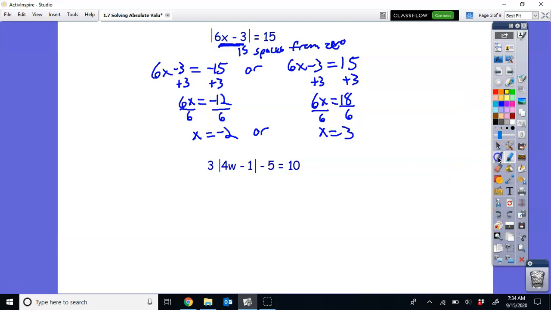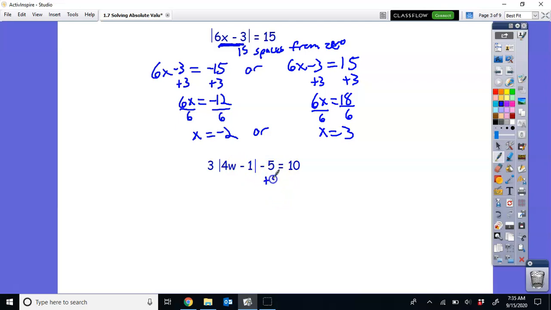Now, we're not going to do this entire problem right here, but I just want to show you what the setup looks like, and you can try it on your own, and I'll tell you what the answers are. But right here, if you ever have something outside the absolute value, like this -5 and this times 3, that's what that 3 in front means, don't distribute it and don't subtract the 5 from the 1.